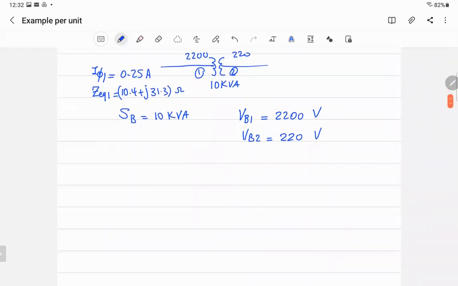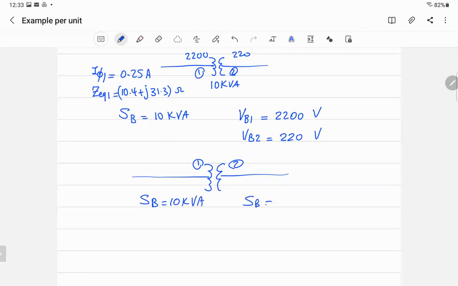So what I will do is sketch the transformer here, with side 1 and side 2. The power is the same, and the power is equal to 10 kVA. So I'll say SB equals 10 kVA, and the same on this side, 10 kVA.